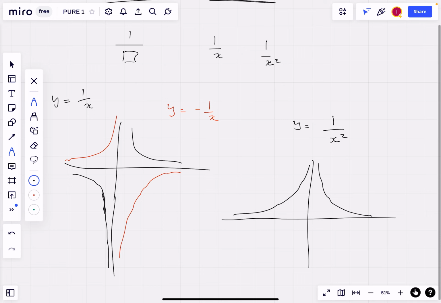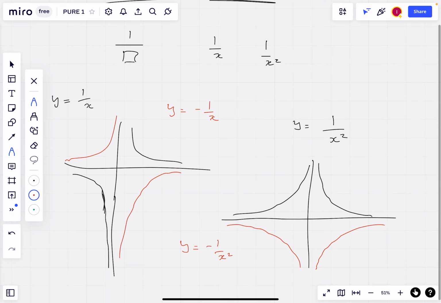And if you have y equals minus 1 over x squared, it's just going to go downwards. It's going to go like this. Other two quadrants. Cool? Okay.